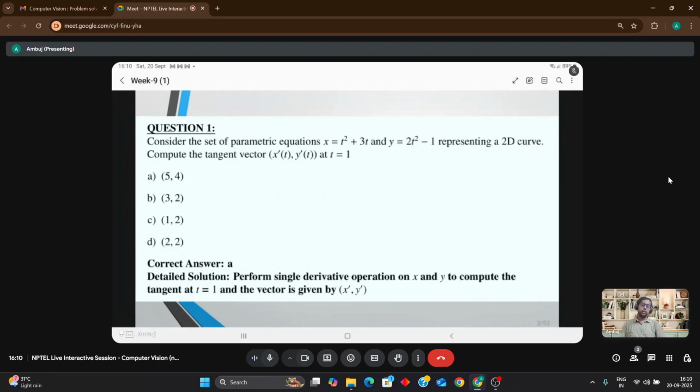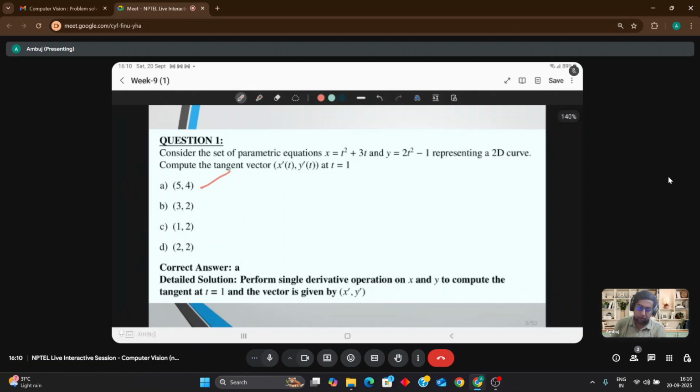The tangent vector is nothing but the differential, or the slope component, which is x dash t and y dash t. I computed these at t equal to 1 directly, and I have got the solution 5 comma 4. This marks my first question for the present session.